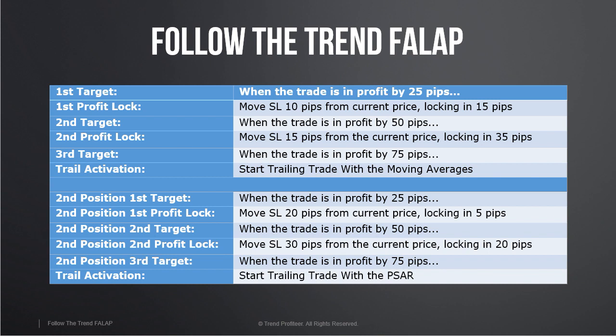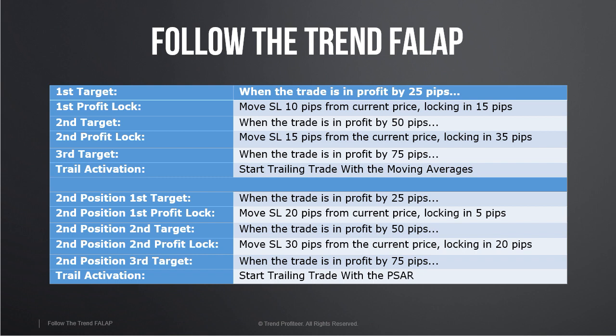So let's have a look. In this case, this is an example for a 2-position trade, and you move them at the same profit lock points, so at the first target, second target, and third target. But in this case, I've chosen to move the stops at different levels. Otherwise, there's not a lot of point of having 2 positions.